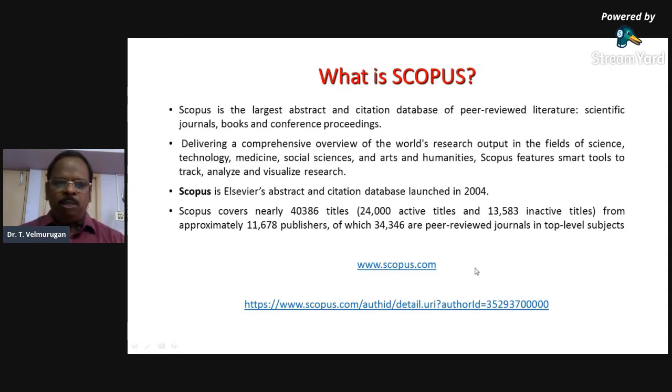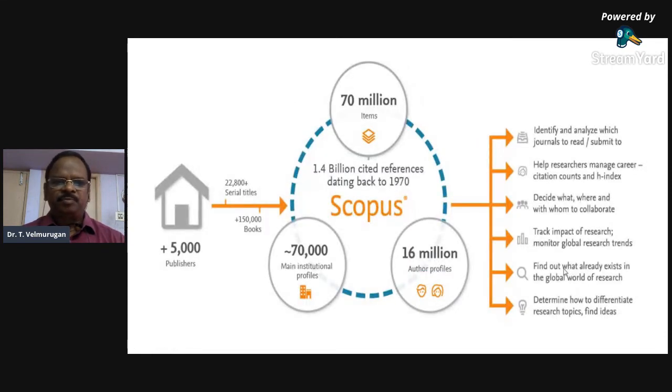Now we will go to the Scopus database after describing it. So what is the content coverage in the Scopus database? In total, 70,000 institutional profiles are available, 16 million other details, and 70 million items, meaning papers. There are 1.4 billion cited references dating back to 1970.